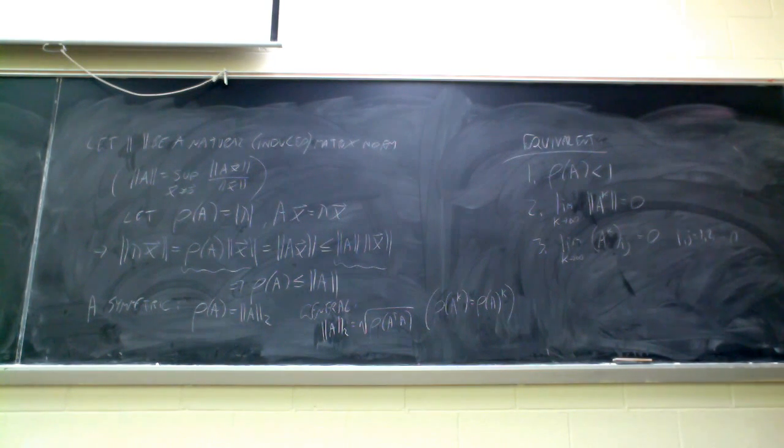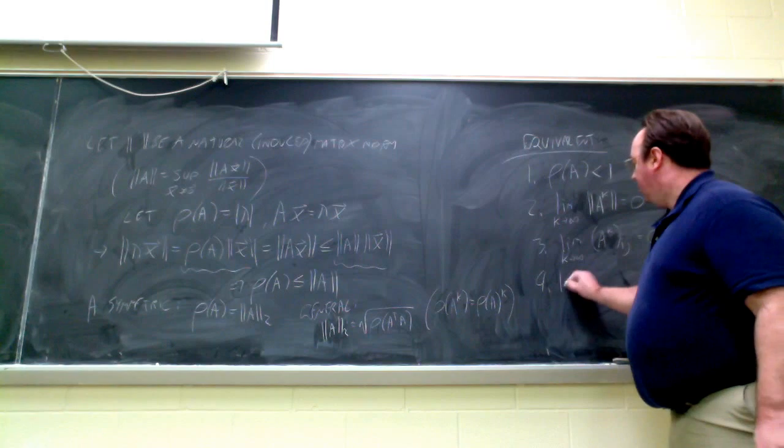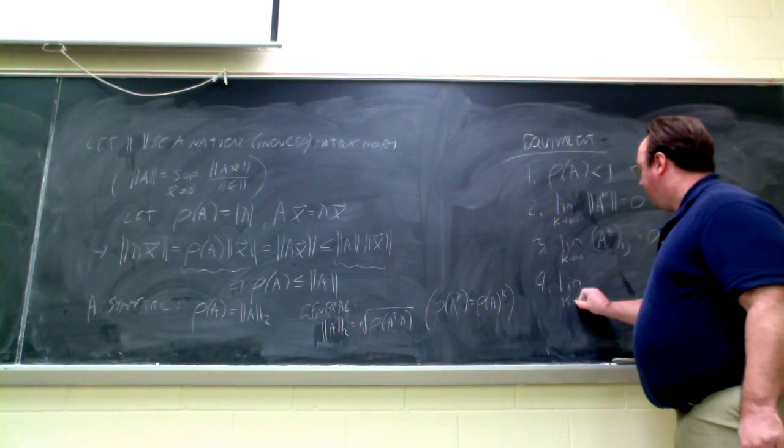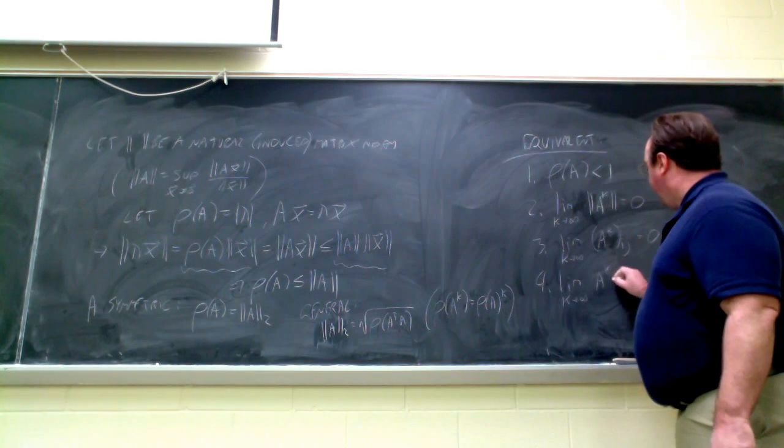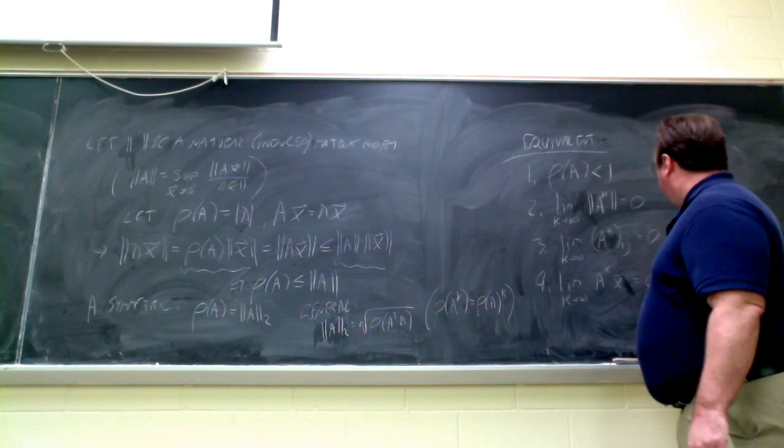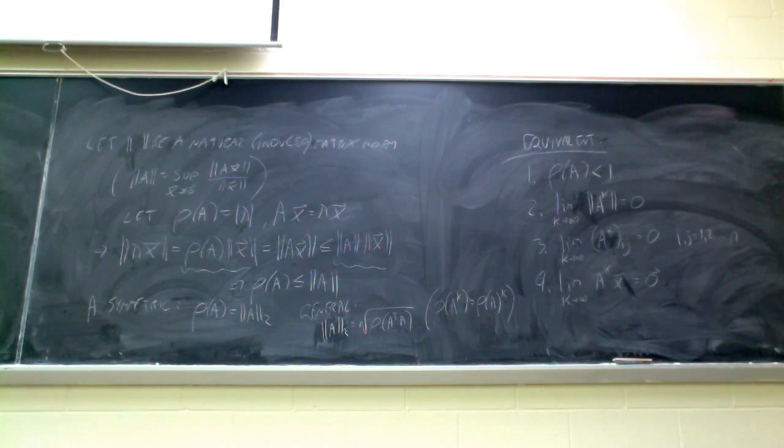And finally, for any vector x, the limit of A to the K times x is the 0 vector. All right, so this will come in handy when we're studying convergence of sequences of vectors, especially for analyzing convergence of iterative methods. The knowledge of the spectral radius will help.